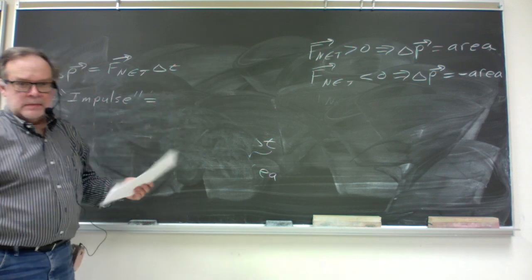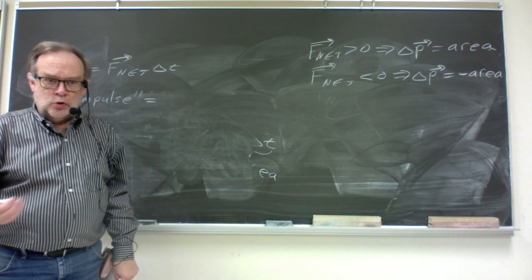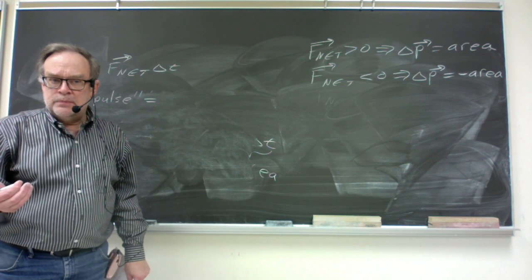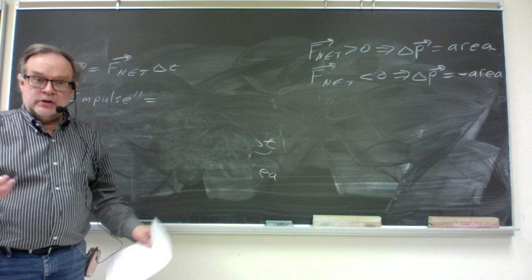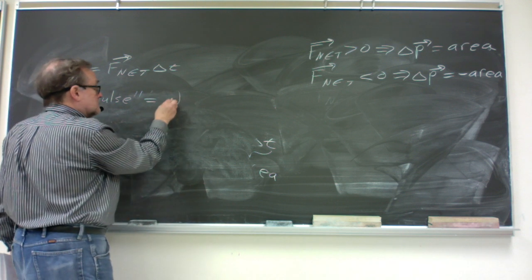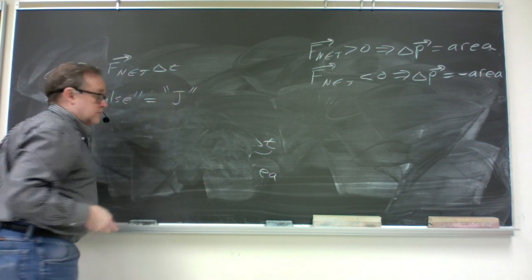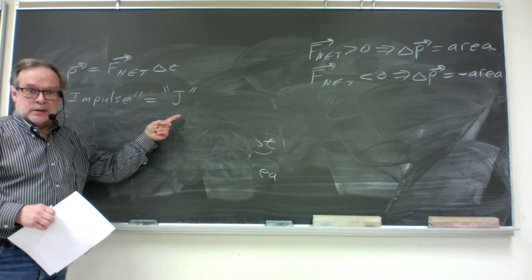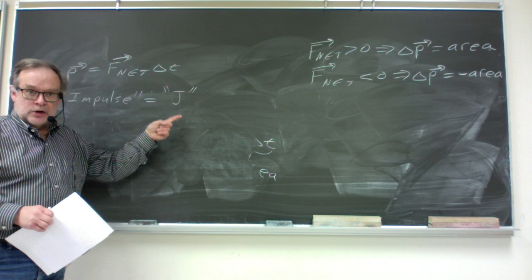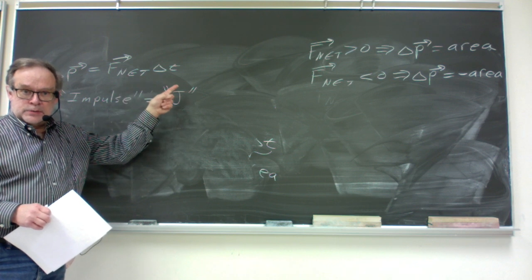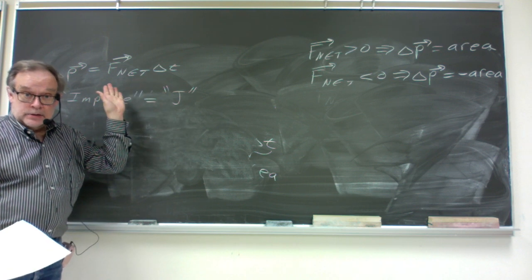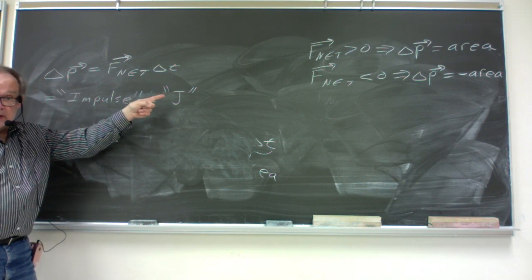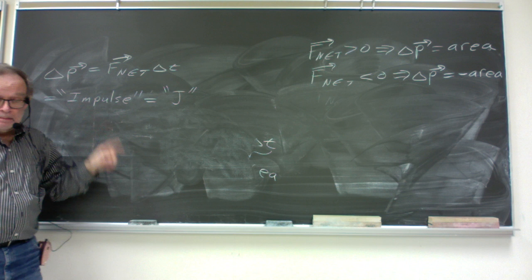And algebraically, the book will usually refer to impulse with the algebraic variable J. But whenever you see the word impulse or see the algebraic symbol J, that always means this product, and it also means the change in momentum, because this product is equal to the change in momentum.